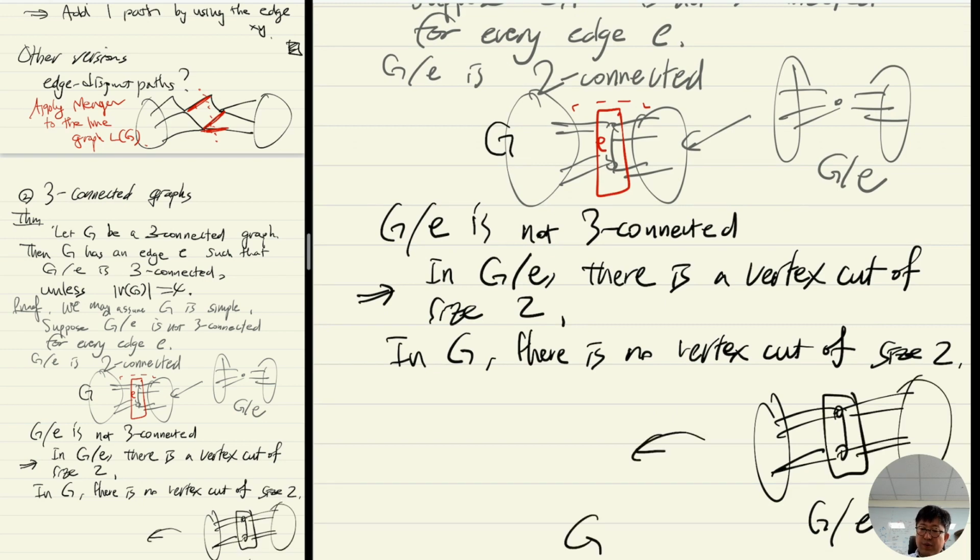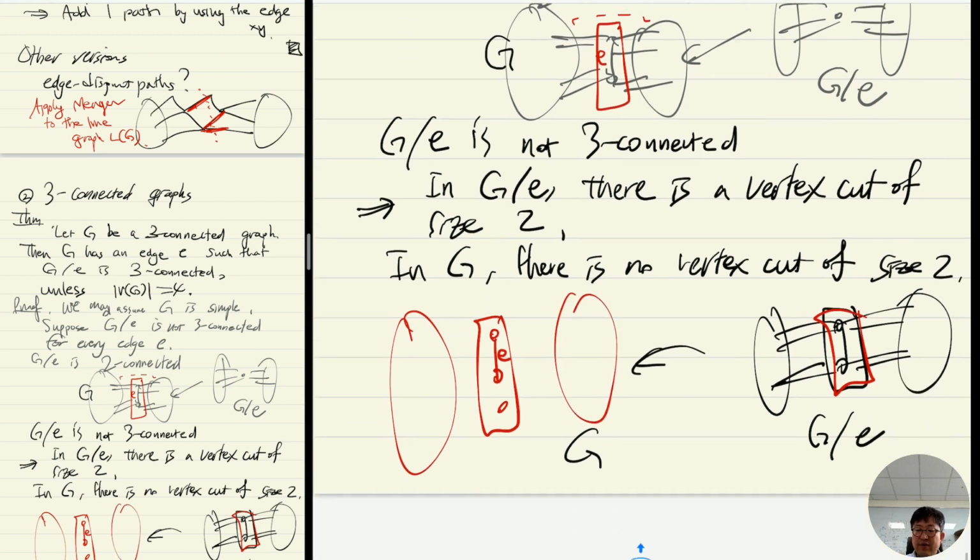In G, if the vertex formed by contracting E is outside of this box, then this will stay as a vertex cut, and that's not possible because G is 3 connected. Therefore, the edge E has both ends inside this set.